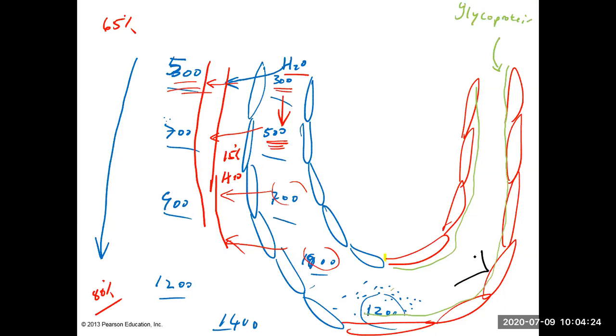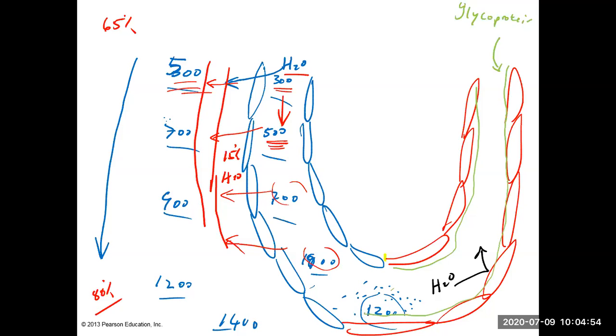So in the ascending loop of Henle, 0% of water reabsorption takes place. Nothing. The ascending loop of Henle is impermeable to water. That's the important thing you want to get at.